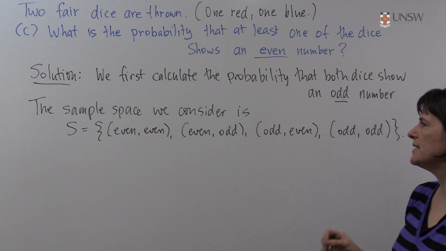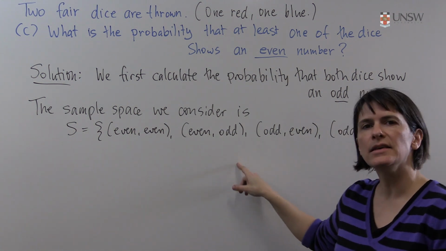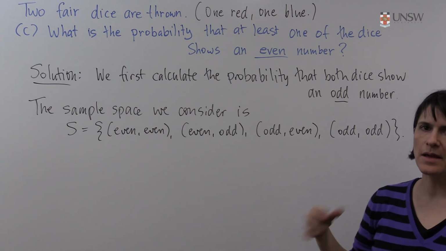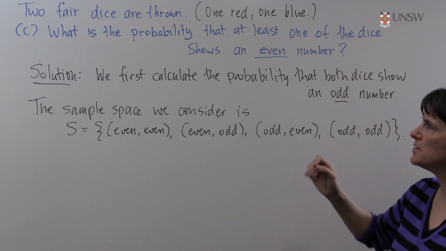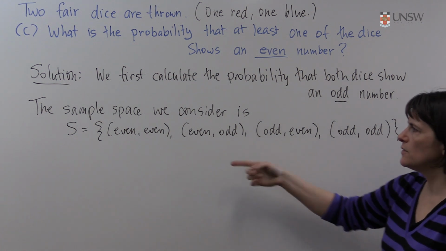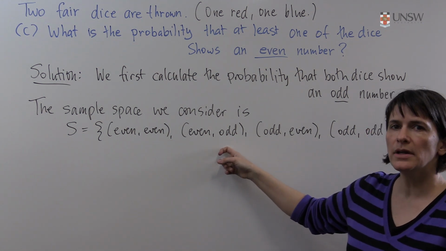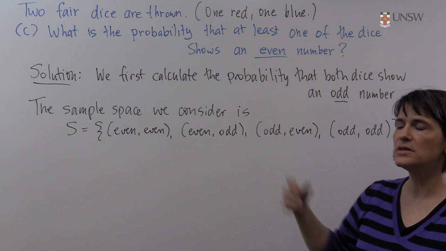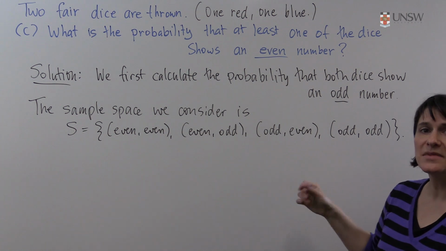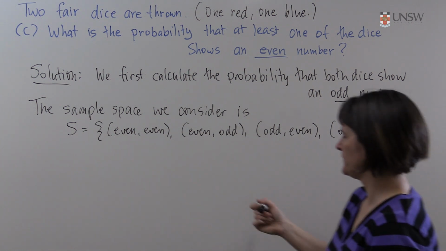And the next thing to realise is each one of these actually corresponds to the same number of outcomes, the same number of rolls of the dice, because a die has 3 ways to be odd and 3 ways to be even. So for example, red even and blue odd, there's 9 possible outcomes in the old sample space, which means each one of these has 9 outcomes. They're equally likely.